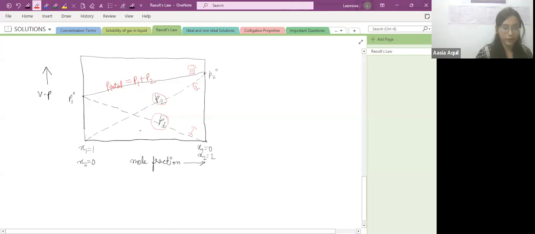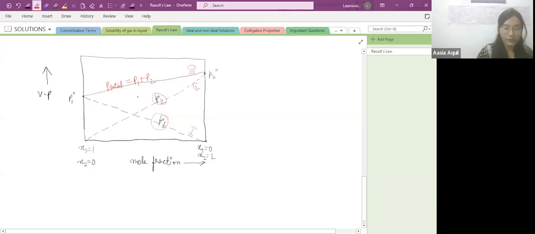It can be seen from the plot that P1 and P2 are directly proportional to x1 and x2 respectively. The first line and the second line, that is P1 and P2, are directly proportional to the mole fractions, and the total pressure, P total, is your third line.